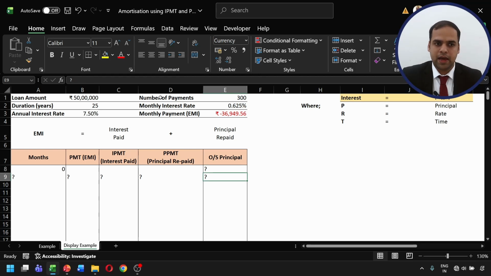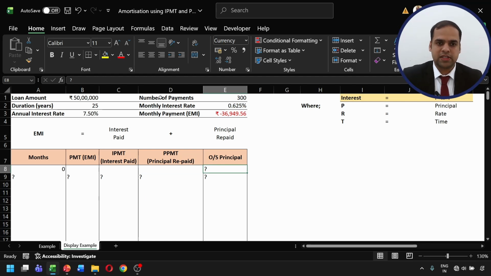Now to make an amortization table, remember that in the presentation we talked about EMI being equal to interest paid, which will be calculated using the IPMT function, and principal repaid, which will be calculated using the PPMT function.